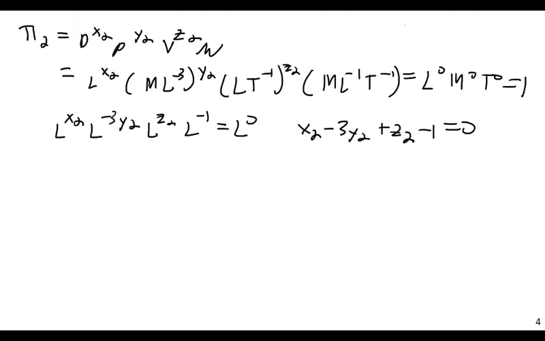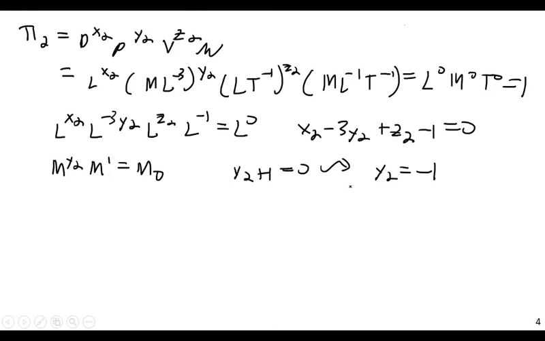Then if I create an equation based on the mass dimension, I can say that m to the y2 times m just to the first equals m0. And from this I can write the equation y2 plus 1 equals 0. And this leads us to y2 is equal to negative 1.